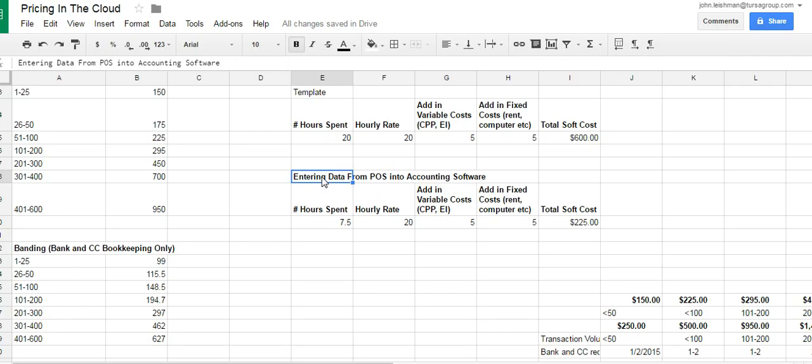So we said they spend roughly 7.5 hours per month. I just ballparked it at 15 minutes per day. They have 2 stores. I should probably double that, because that'd be per store, and 15 minutes per day would be pretty fast. It should probably be $450 a month.